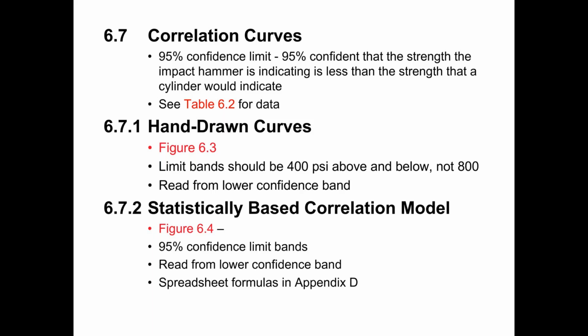There is one typo in Appendix D. It's on page D.2. Right in the middle of page D.2, there's an equation for alpha, and it says that alpha is equal to 100 minus the confidence percentage over 100. And so there is a slight typo there.